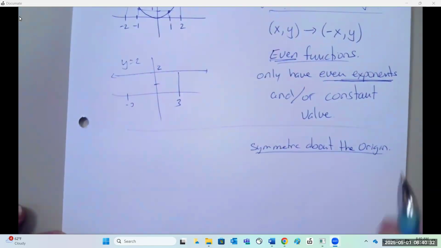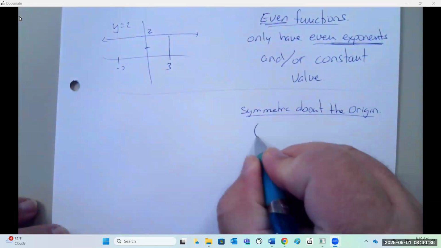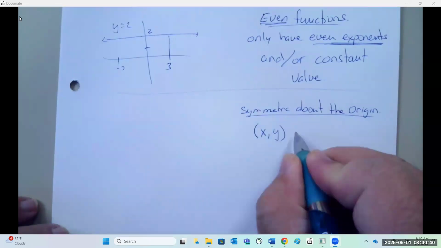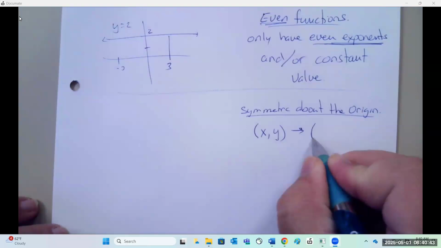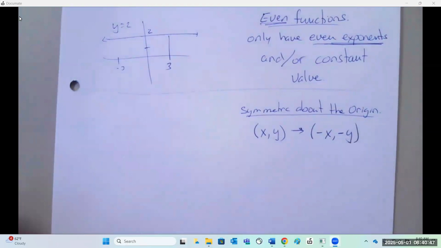Symmetric about the origin. What this one does, if I have a point, then there's a mirror image on the exact other side.